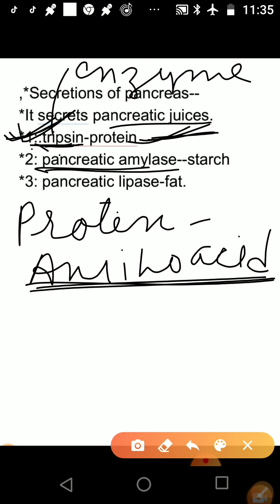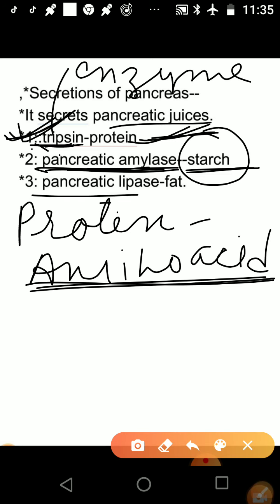And pancreatic amylase further breaks down the starch into glucose. Again we can say that starch digestion takes place in the mouth, but only partial digestion. Now with the pancreatic amylase, they act on starch and convert the starch into glucose, which is the final or end product of carbohydrate or starch.